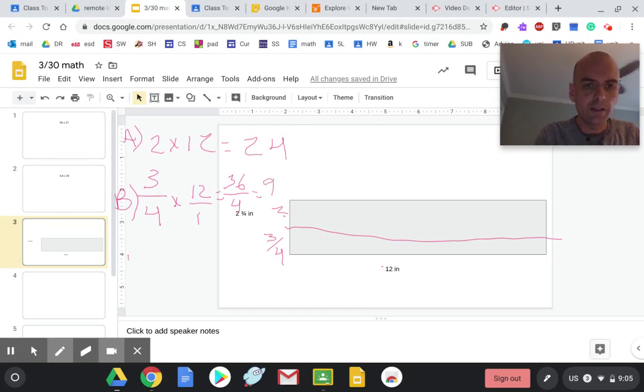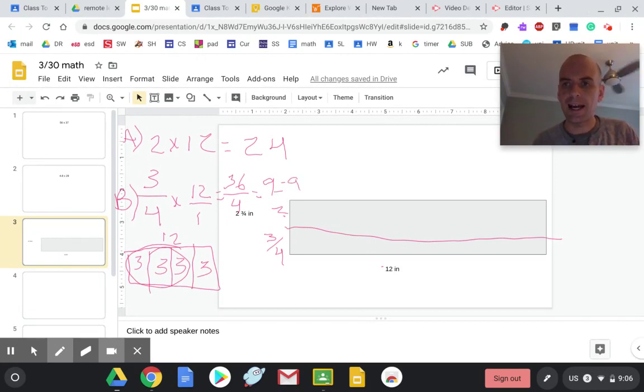Or you could have done 12, split it into 4. So 3, 3, 3, and 3, and then you take 3 of them. Equals 9. Either way, it equals 9.